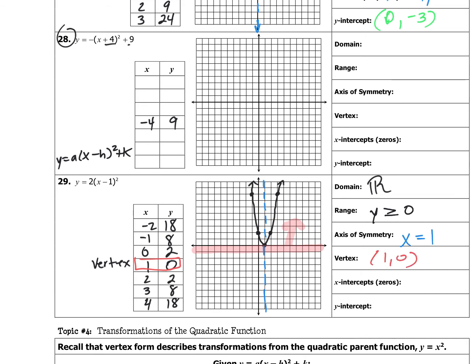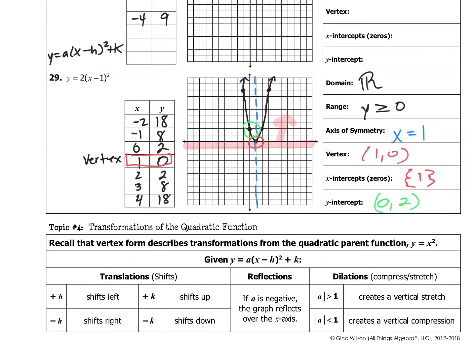My x-intercepts, well, I only have 1 here. It's at 1. Those are my attempts at brackets. And the y-intercept is right there. Actually, I'm going to use green for that. That's at (0, 2). Okay.